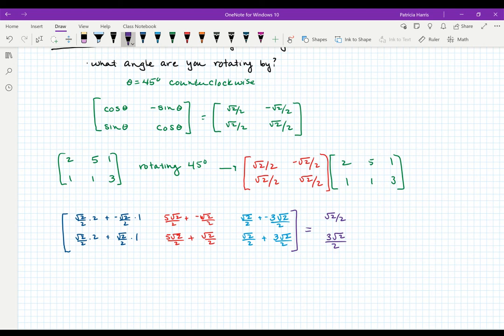And of course, my calculator doesn't do decimal approximations very well.